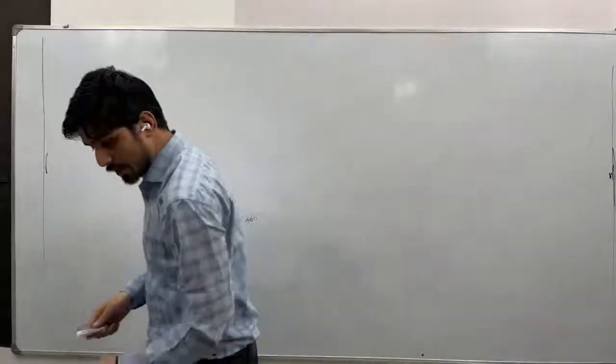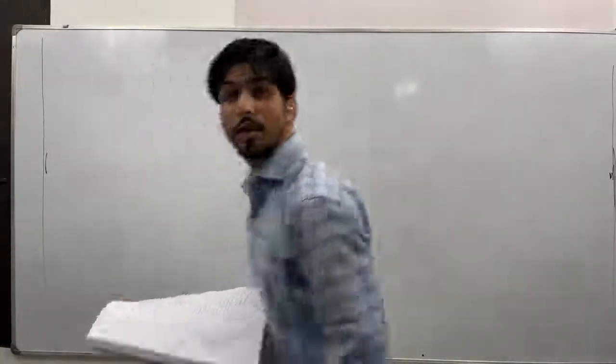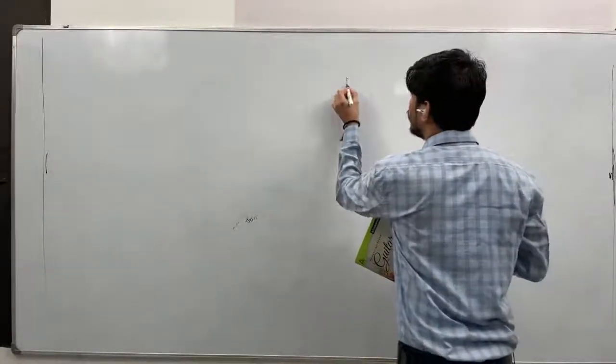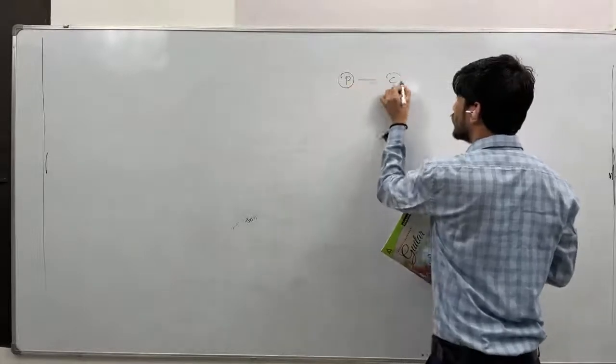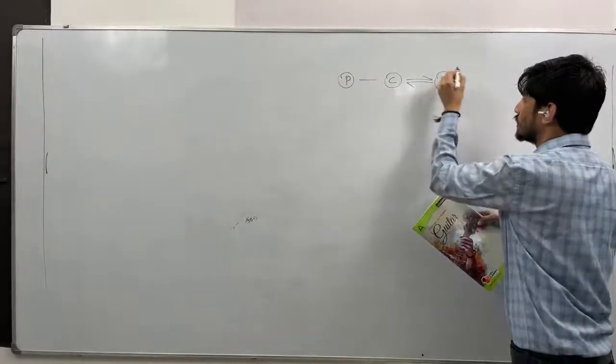So now you can see that you have got the question paper, right? So you have question number 1 with you, right? In question number 1, you have some tree diagram, right? Just go through question number 1. You can see you have P here, then C, then C is married to F, right?